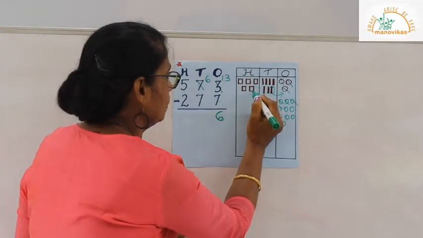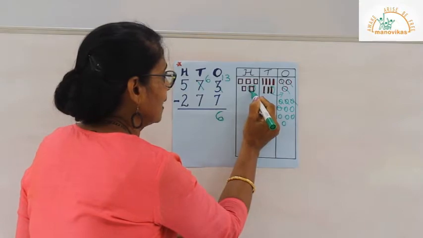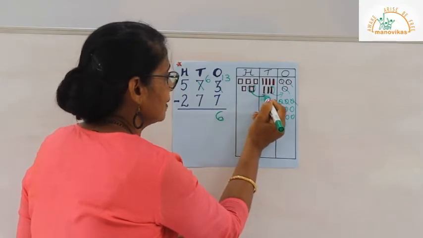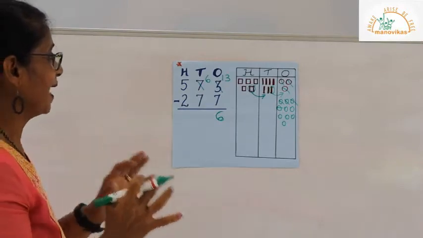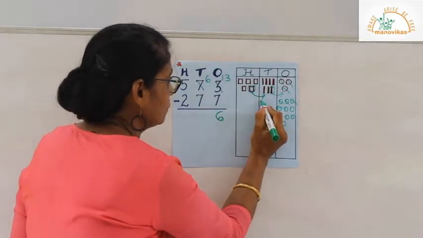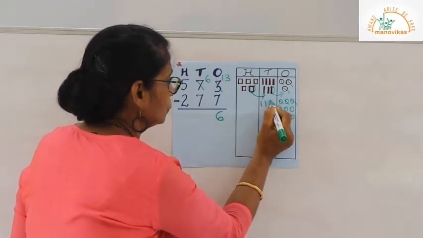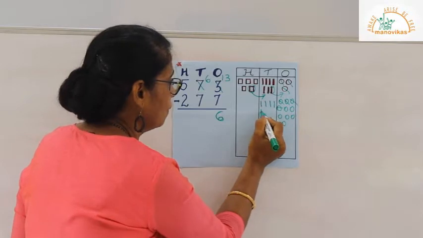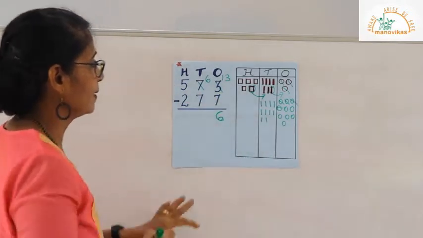We take 100, which is equal to 10 tens. 10 tens make 100. So we will draw tens here. 1, 2, 3, 4, 5, 6, 7, 8, 9, 10.